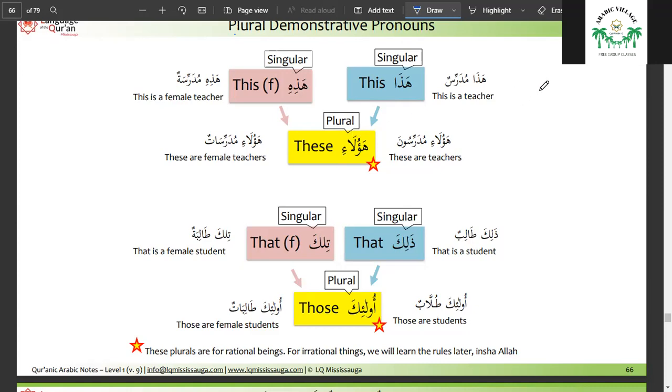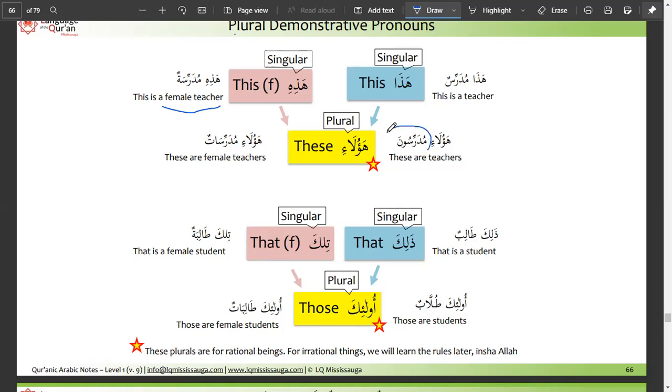See the example. Haza mudarrisun, this is a teacher. Hazihi mudarrisatun, this is a female teacher. So we make it plural: Haula'i mudarrisuna. For a plural noun, we use a plural demonstrative pronoun.